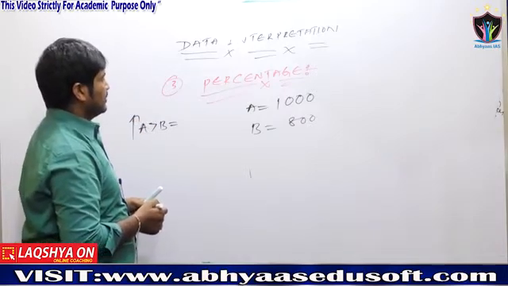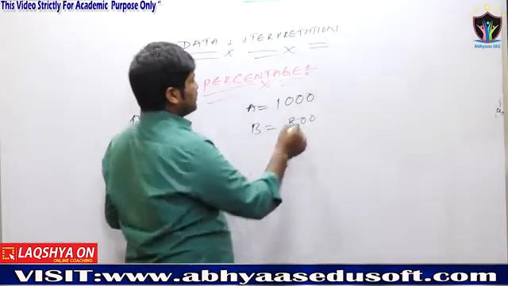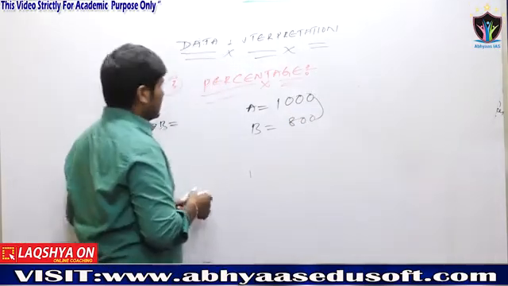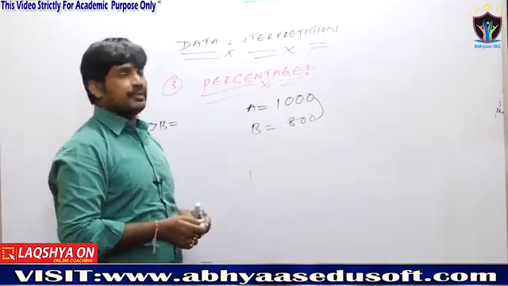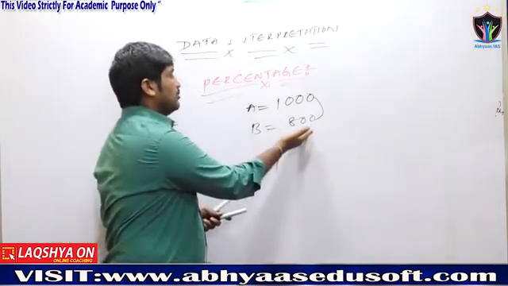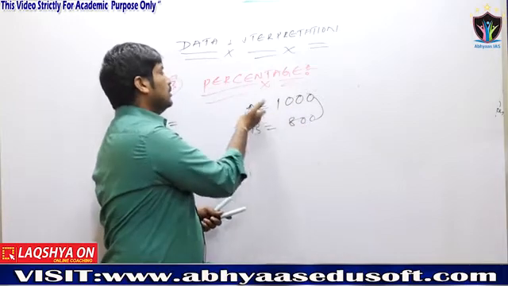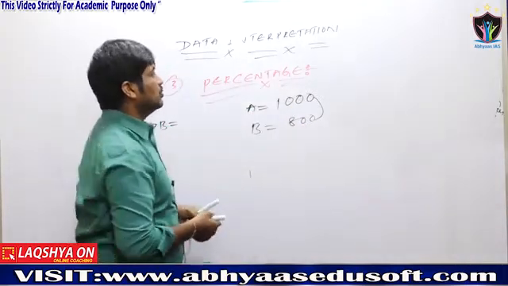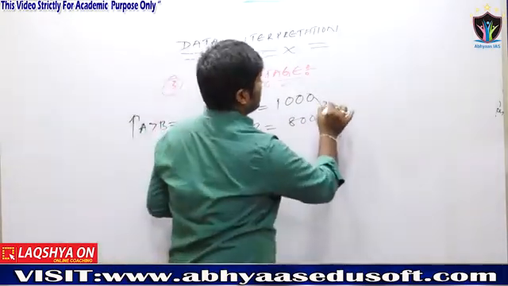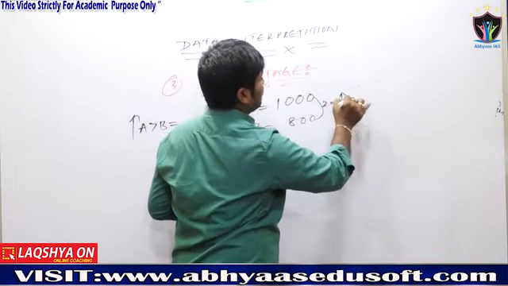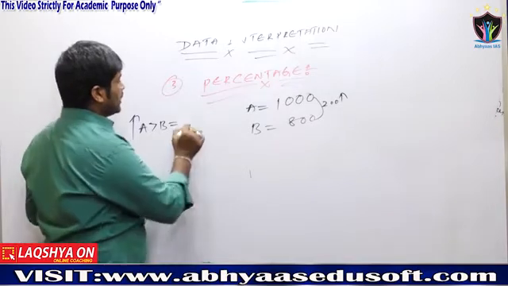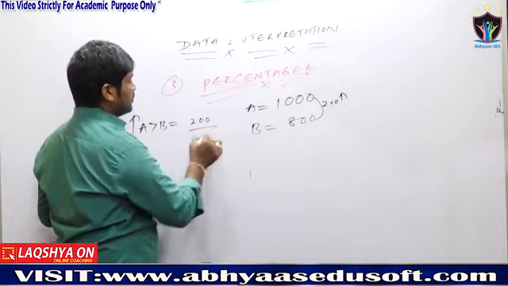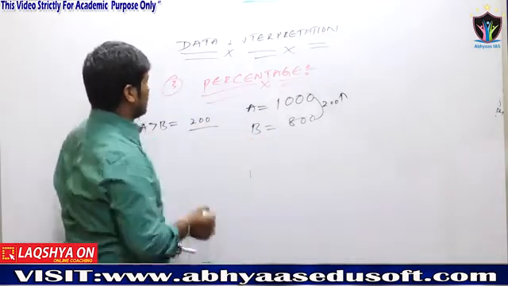Here A is more on 800, which means this is the original value; on the original value A is more. How much more? Here A is getting 200 more. So 200 is more on 800.